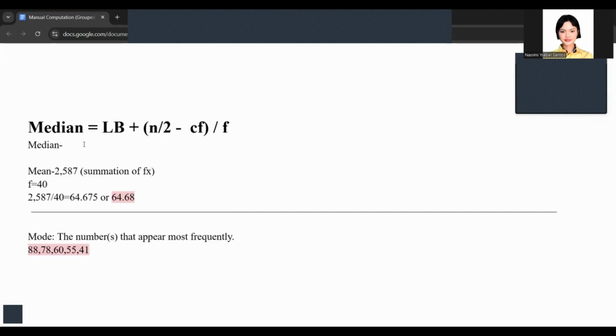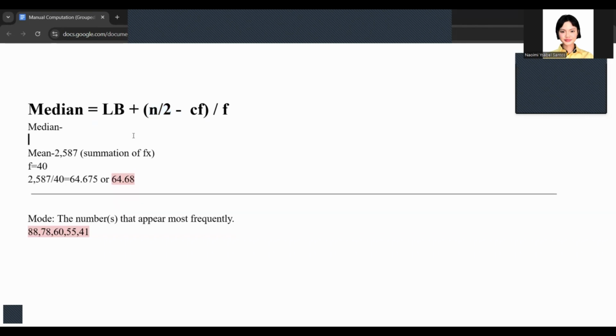So in order to get all the numbers for this formula, we need to locate the median class first. And in locating the median class, we first need to perform n divided by 2, which is 40 divided by 2, and it will be equal to 20.